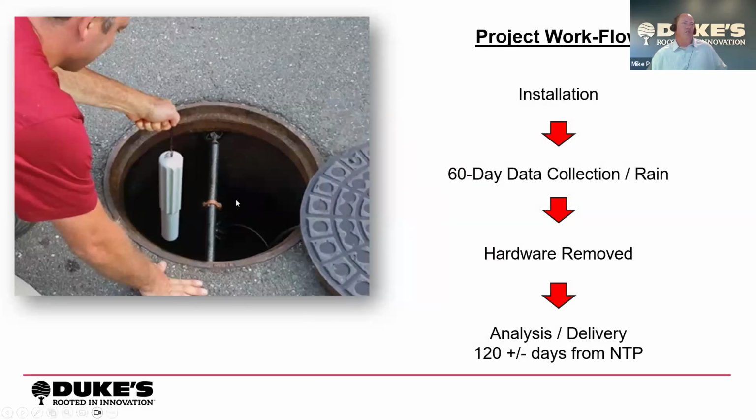So the project workflow is quick. We install the hardware. There's a 60-day data collection period, also with rain. Now I realize there are probably some folks on the call on the West Coast or in more arid climates. 60 days is what we mostly do, but for people in more arid climates, certainly more attention has to be given to when the rain is likely to occur, what time of year.